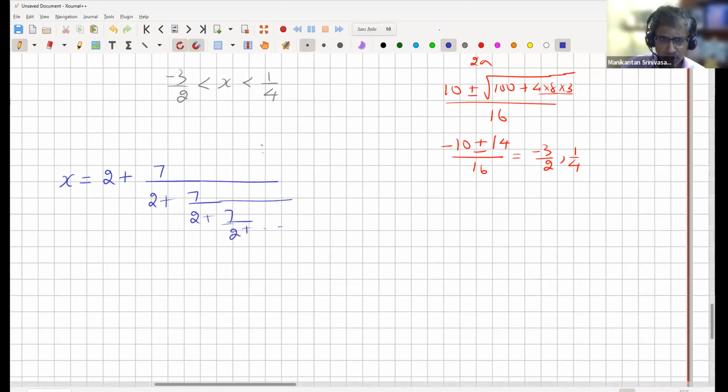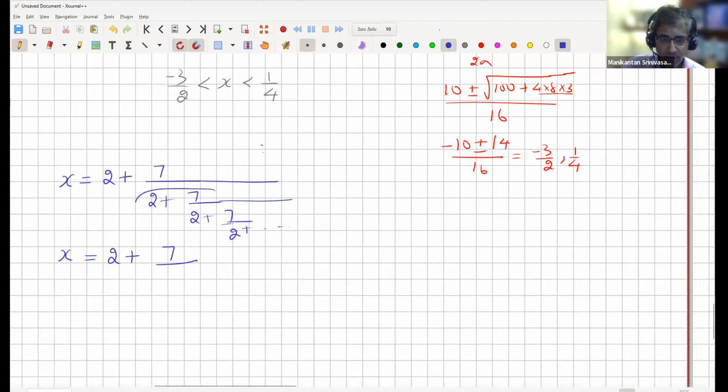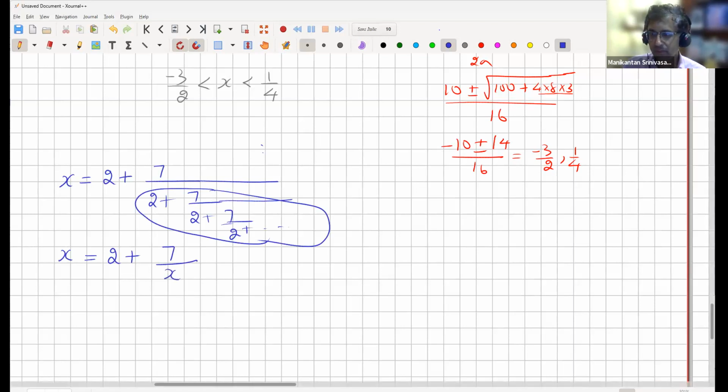For this, the standard approach is, you see when the pattern repeats. So x is 2 plus 7 by, what follows is x itself. If you look at this infinite series, it's what we started off with. So that is the x. And then you can just solve this from here. Okay. And therefore we can solve it.